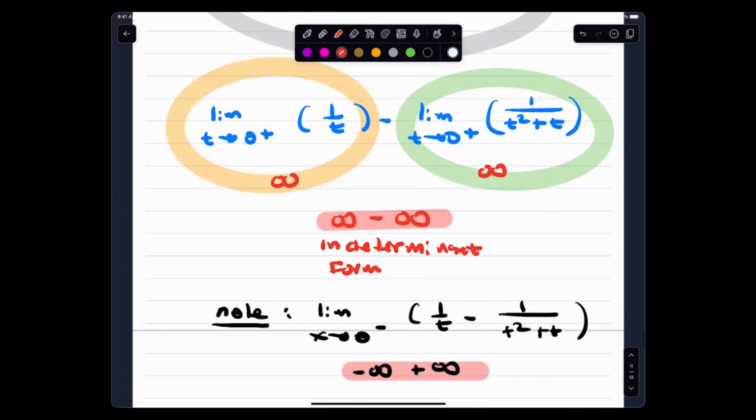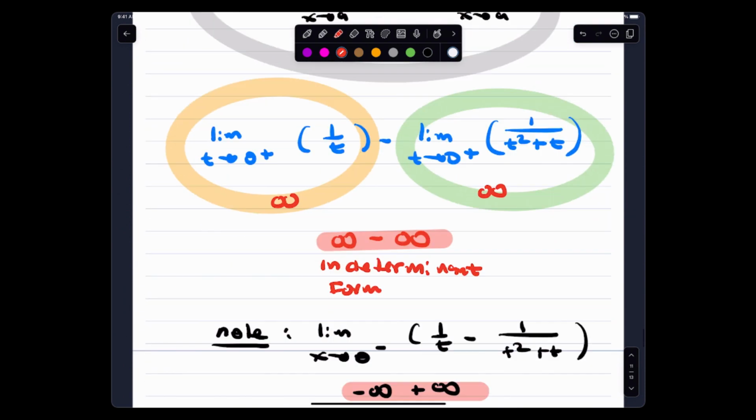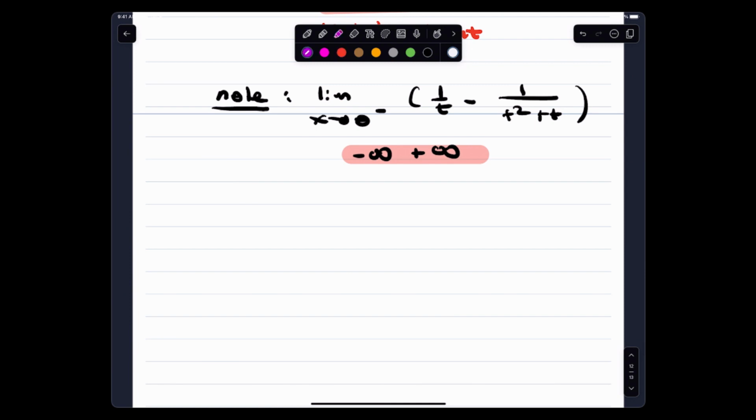Okay? All right, now back to the original story. If you have an indeterminate form, I'm going to bring out the purple. What do we do? Algebra. Thank you. We use algebra.